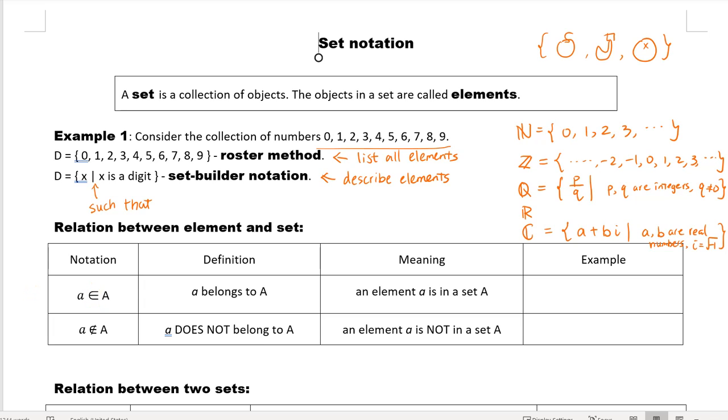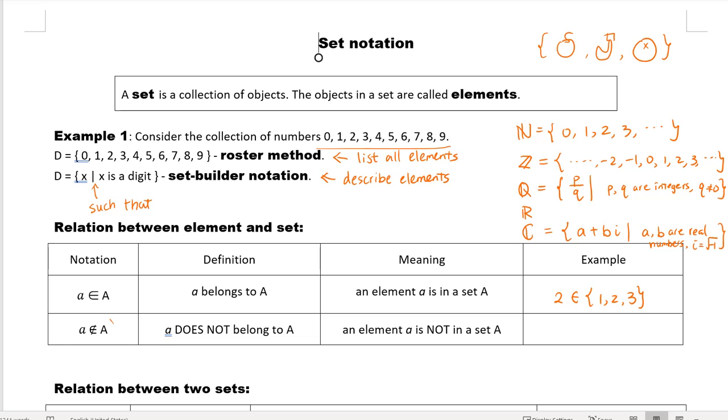So small a belongs to the set A means an element a is in a set A. We can always use an example to help us understand. For example, 2 is an element of the set {1, 2, 3}.